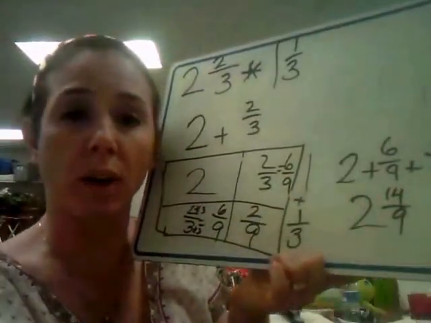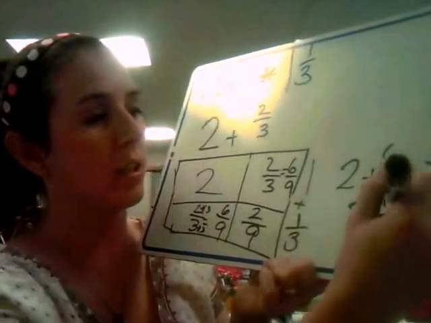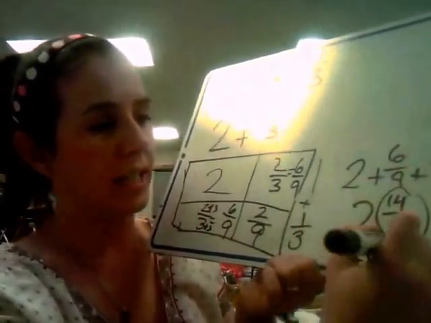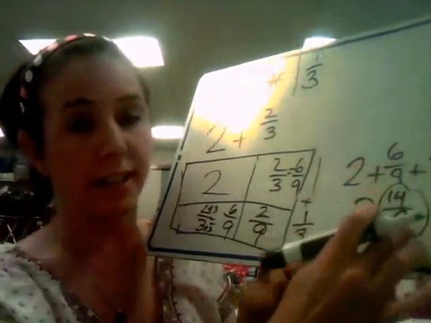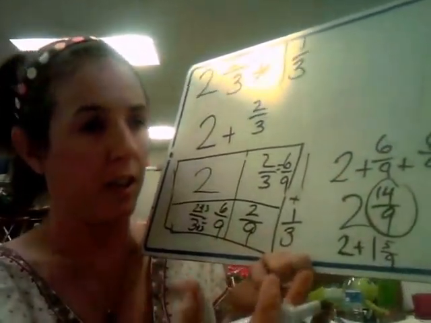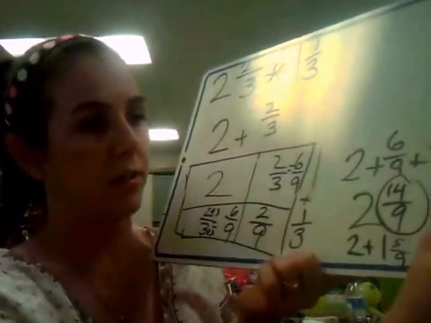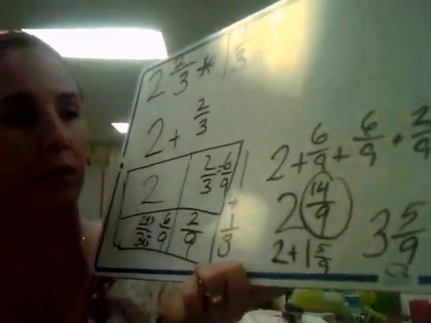So 9 goes into 14 one time. So this is saying 2 plus 1 and 5/9, right? Because 14/9 is the same thing as 1 and 5/9. So I've got 2 plus 1, which is 3, and 5/9. So all of that for 3 and 5/9.